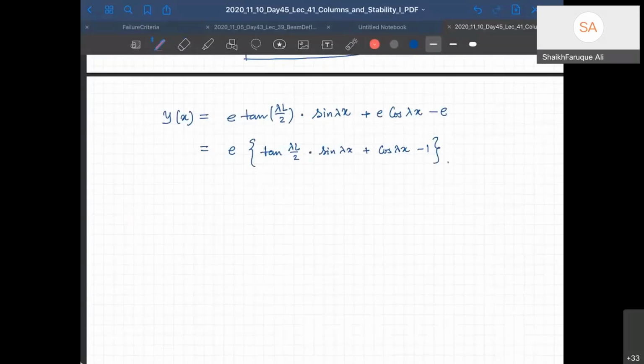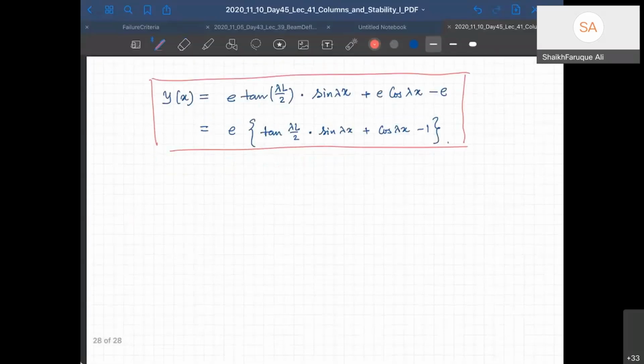Okay, so this is what you have to remember, but there are a lot of things now to do. What are these things to be done? One is to check what will be the maximum deflection. How are we going to find maximum deflection? Maximum deflection is going to be when you have, this is a symmetric structure, right?